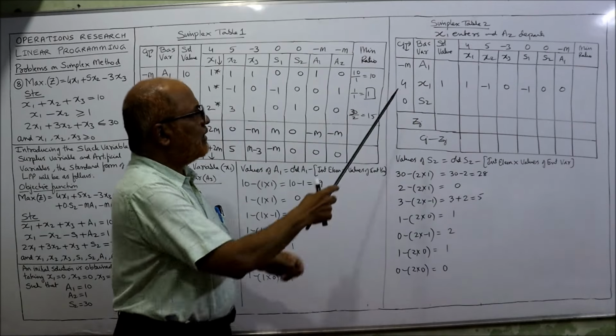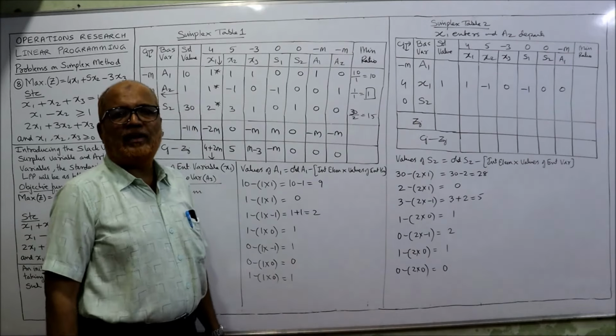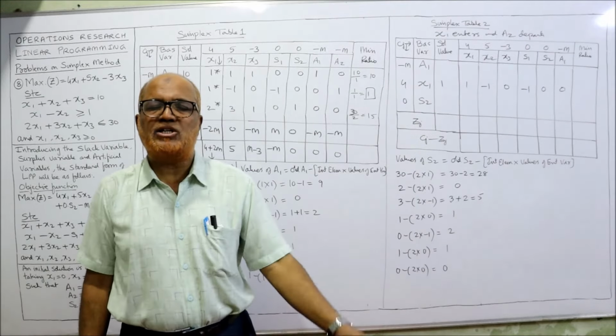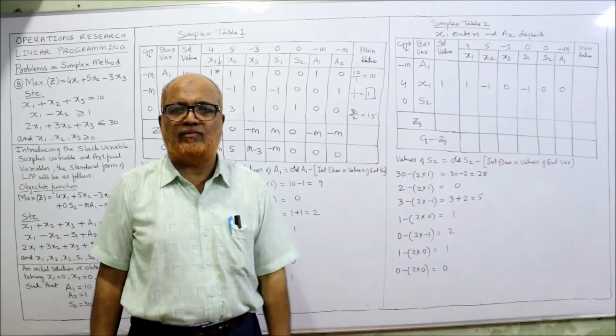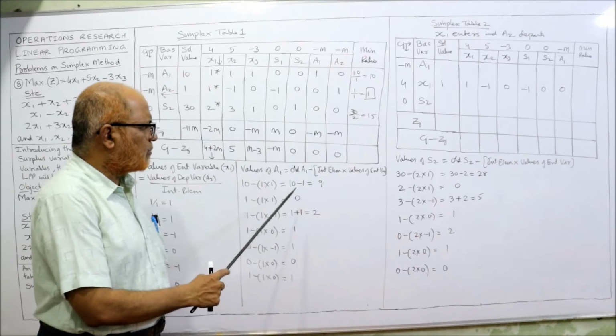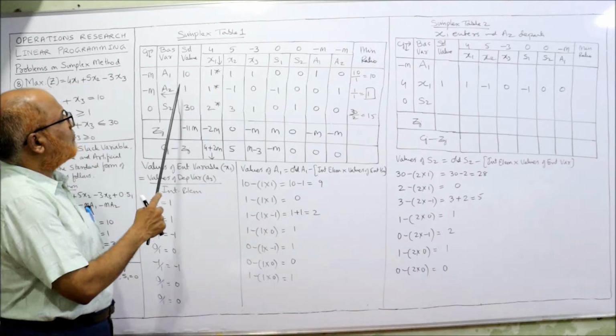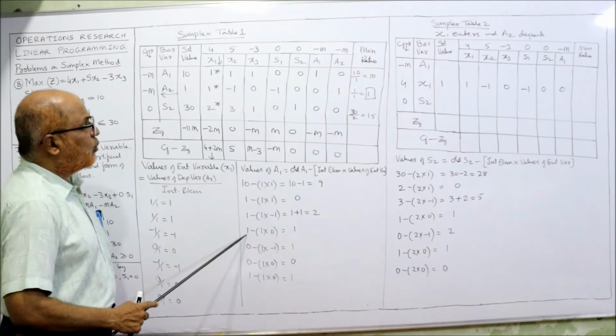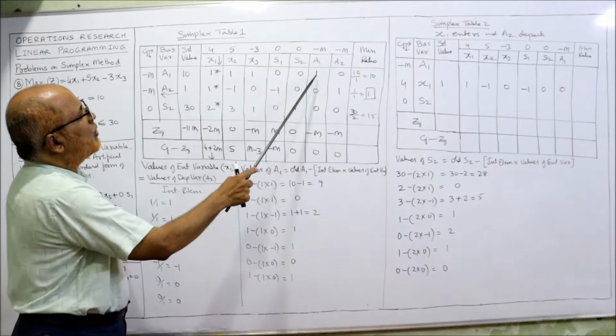Now we need the values of A1. Old value of A1 minus intersectional element into values of the entering variable. Same formula we are applying. The old values of A1 are 10, 1, 1, 1, then 0, 0, 1.